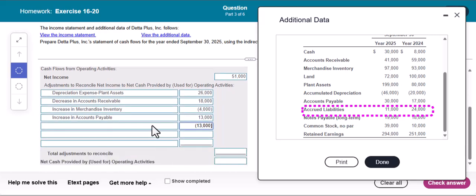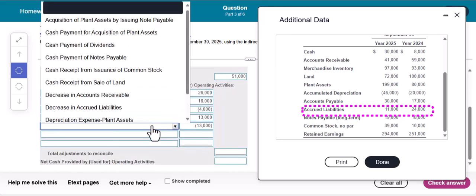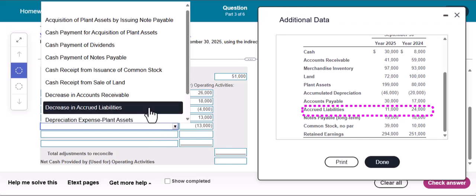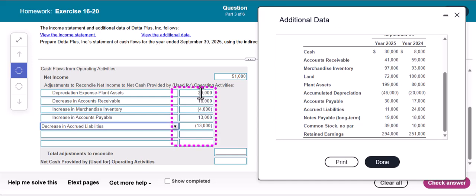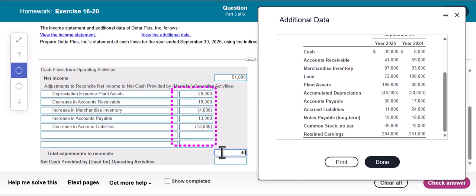Make sure to include parentheses or a negative symbol there, and that is a decrease in accrued liabilities. Looking at the rest of our additional data, I don't see any other current assets or current liabilities. So we're done with this section, and then we add it through here for a total of $40,000.